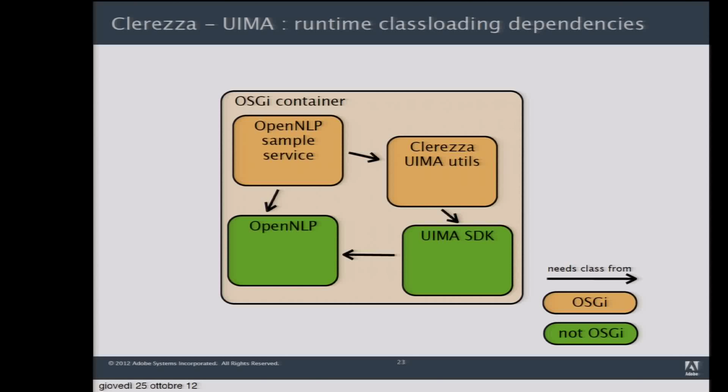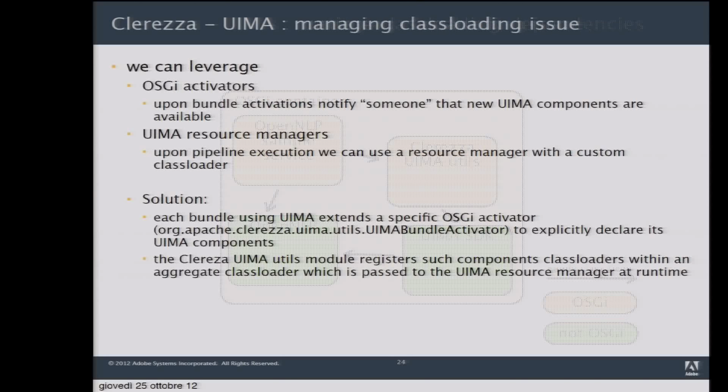The Clerezza UIMA utils need something from the SDK, but this is just needing a class. It's not a dependency, so it's not known to the bundles or to the container. So we have this dependency which breaks our scenario. We can leverage OSGi activators and the UIMA resource manager.